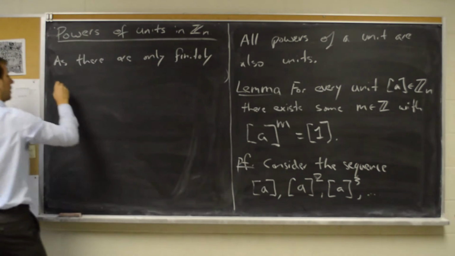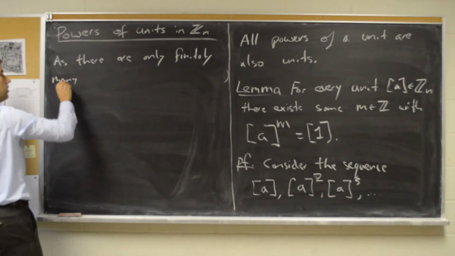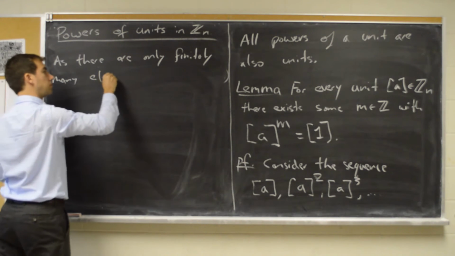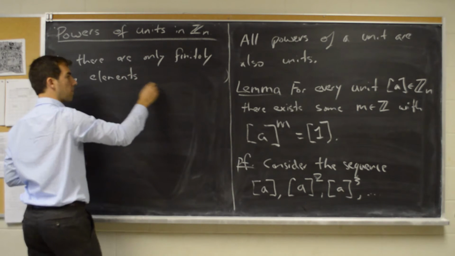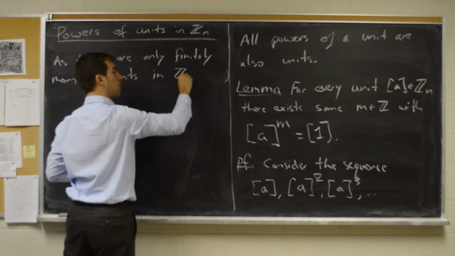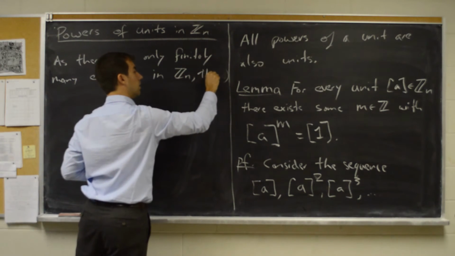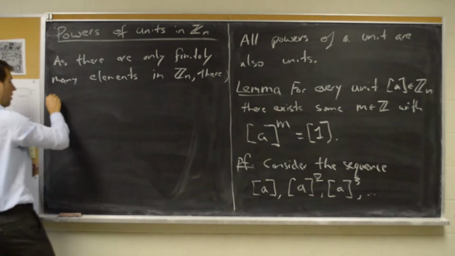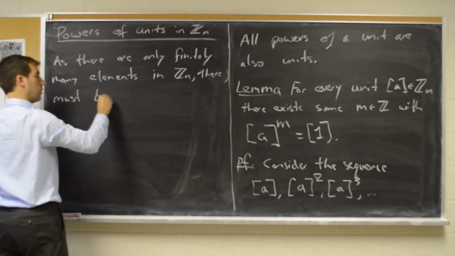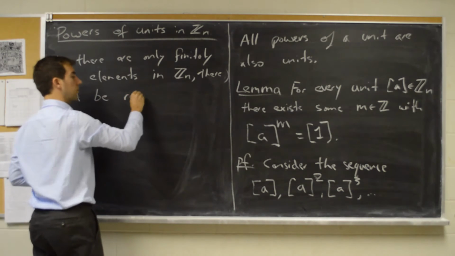So as there are only finitely many elements in Zn, there must be repeated elements.